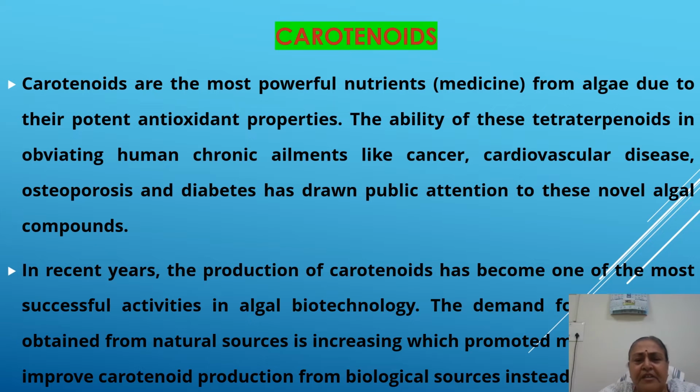Carotenoids are the most powerful nutrients or medicine from this algal group because they are potent antioxidants in nature, and they are tetraterpenoid structures which are very useful for curing human chronic diseases like cancer, cardiovascular disease, osteoporosis, diabetes, and so on.